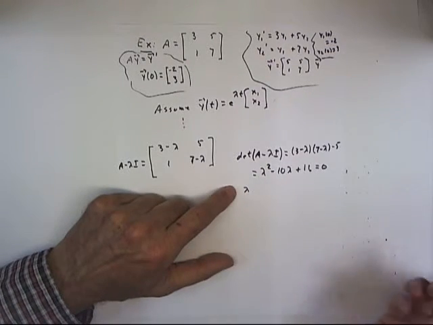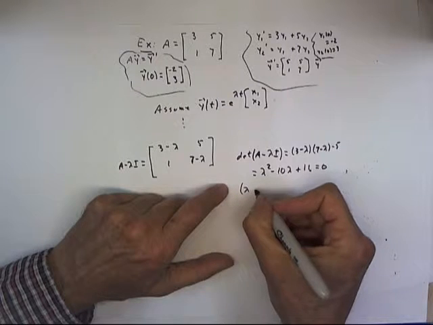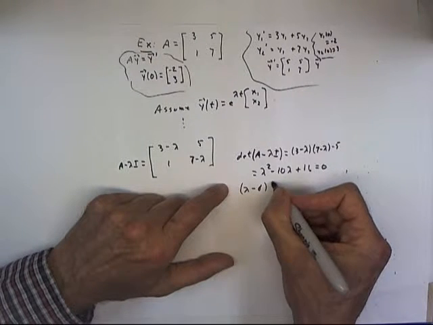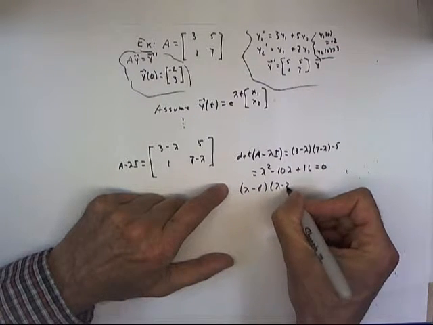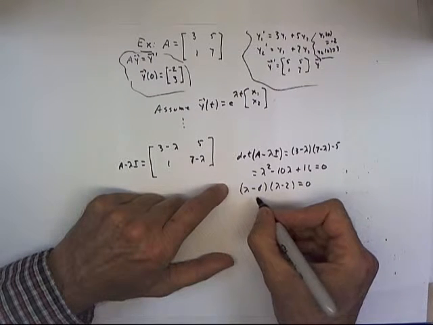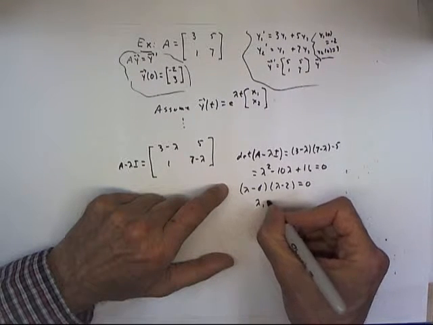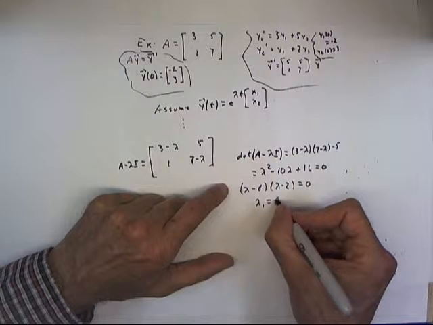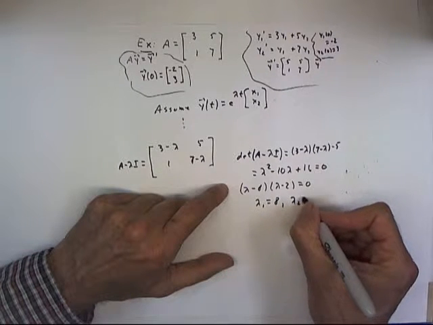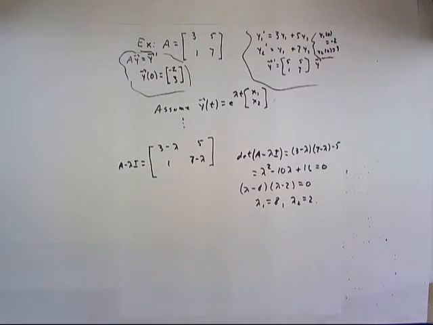This equation factors. We could have used the quadratic formula, but it's fairly easy to see that this equation factors into lambda minus 8, lambda minus 2 equals 0. So we get two values. Lambda 1 equals 8. Lambda 2 equals 2.